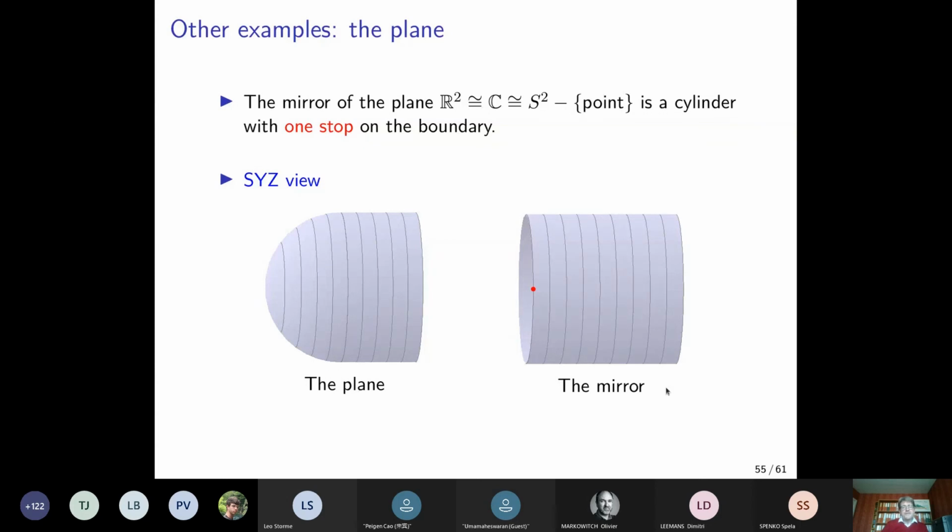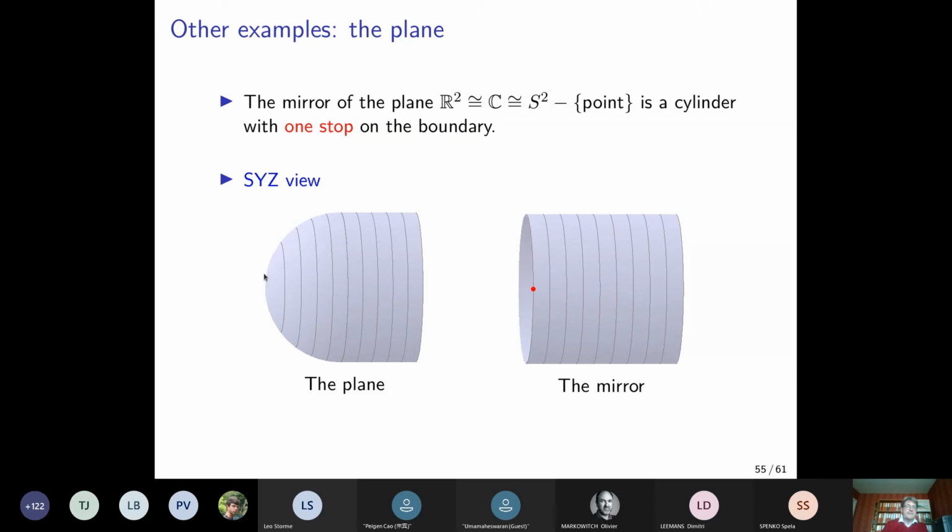And it turns out that the mirror is a cylinder with one stop on the boundary. We can see this from the SYZ principle, and that is why I drew the picture in such a strange way. So I drew the SYZ fibration by circles.